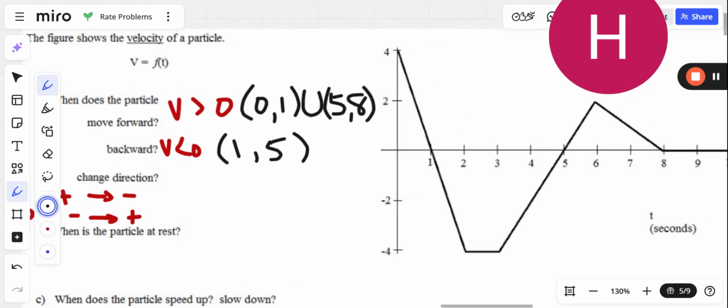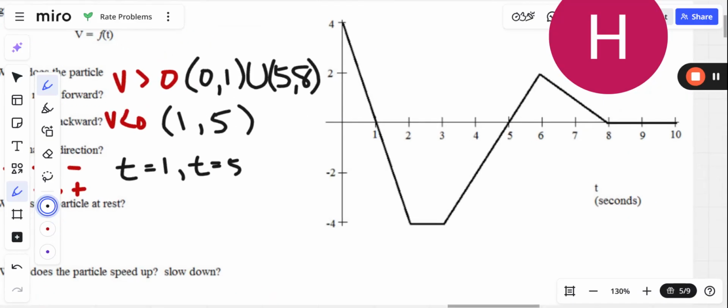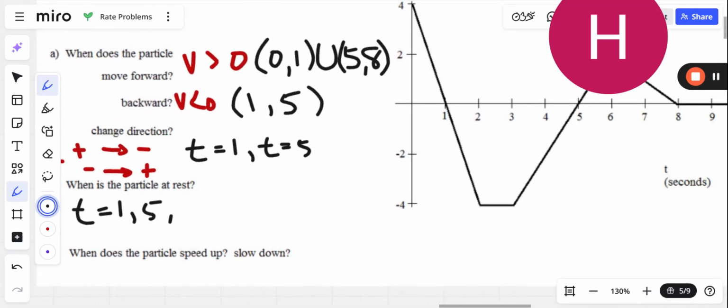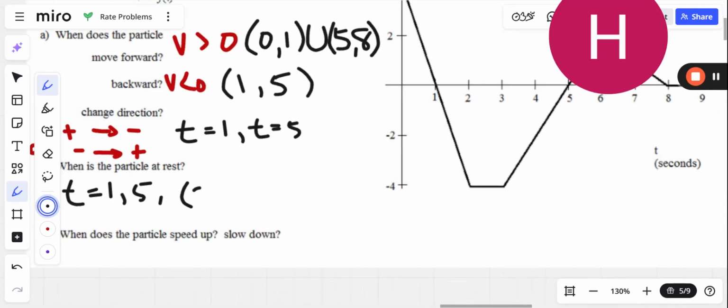So that's going to happen at t equals 1 and at t equals 5. When is it at rest? This is going to be, of course, when it's at 0, and then also from 8 to 10. So this is when the velocity equals 0.